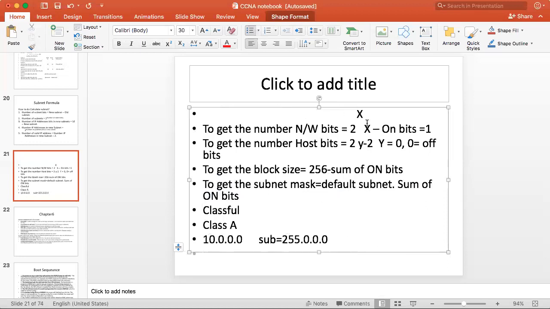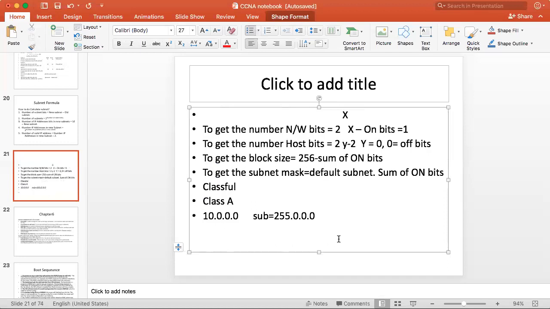To get the number of networks, how many networks we will have, it is 2 to the power x, where x means the number of on bits.